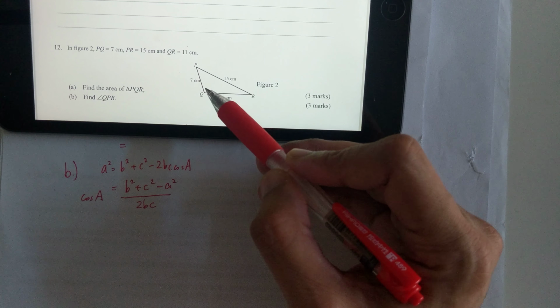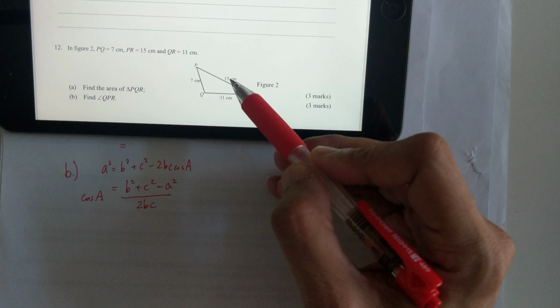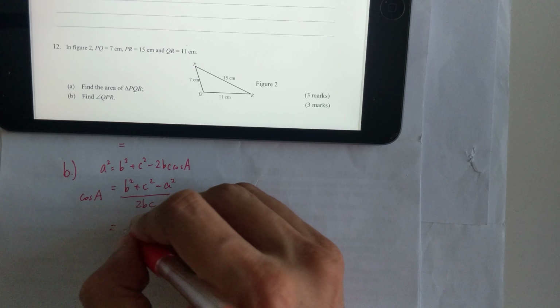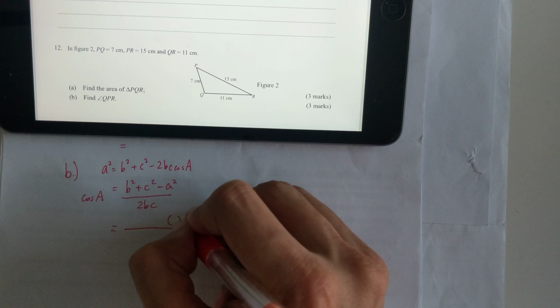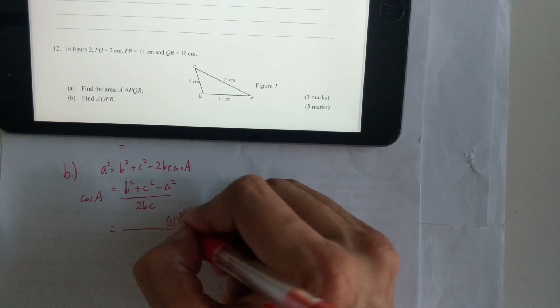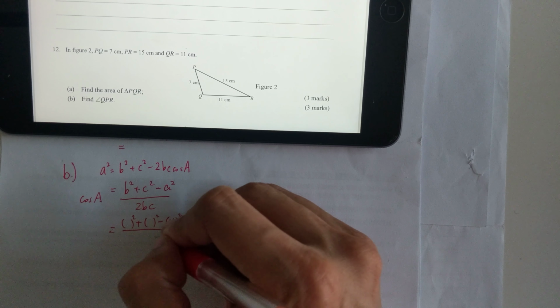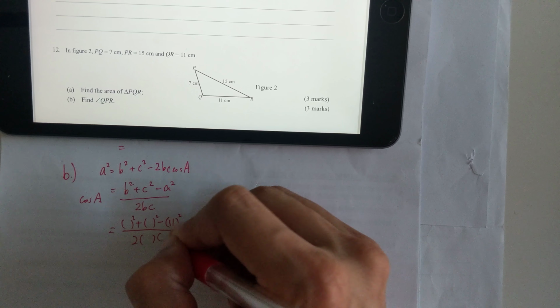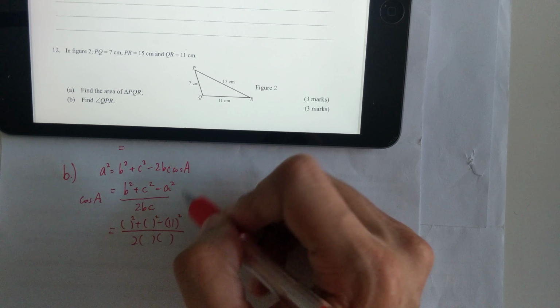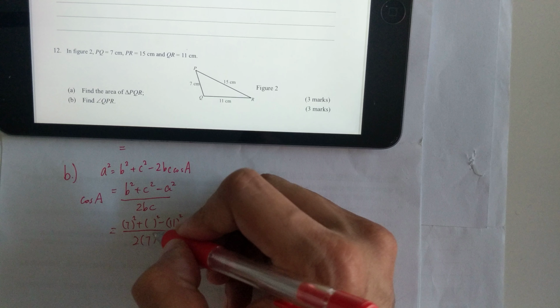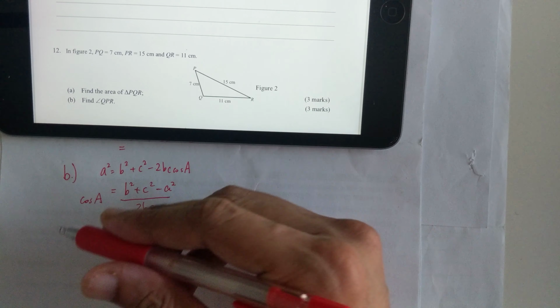If we were finding this other angle, then we would be using 15 over here. You get me? The most important one is the 11. These two terms, 7 and 15, can go anywhere; the mathematics will not change.